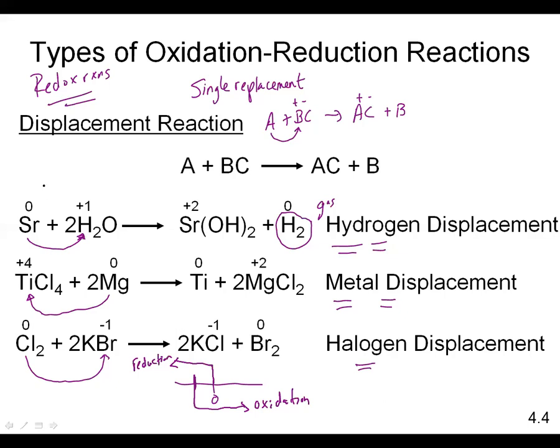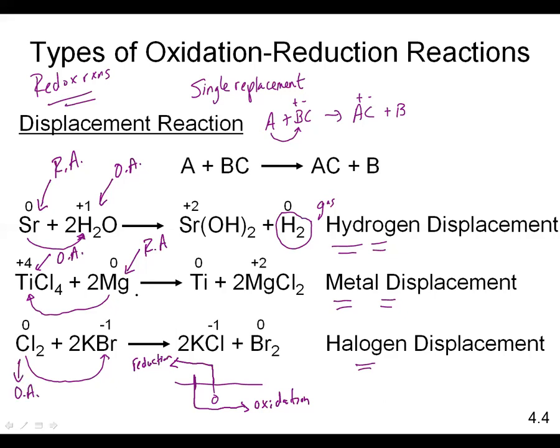Also, in this case, this which is going through oxidation would be my reducing agent. And our hydrogen here, which is going through reduction, will be my oxidizing agent. This going through oxidation will be my reducing agent. This would be my oxidizing agent, which is going through reduction. And here, the Cl, which is, again, going through reduction, would be my oxidizing agent.